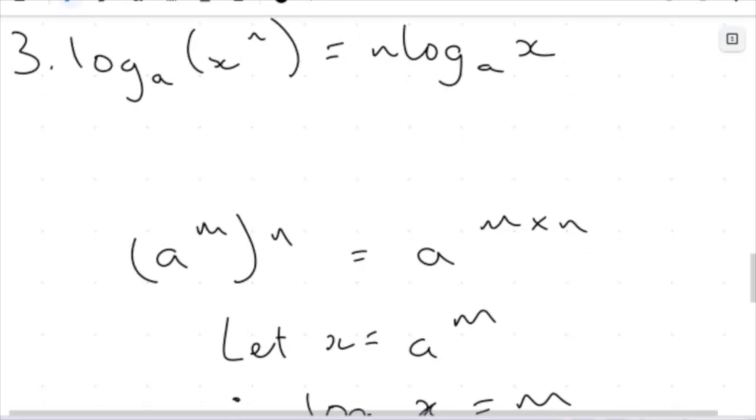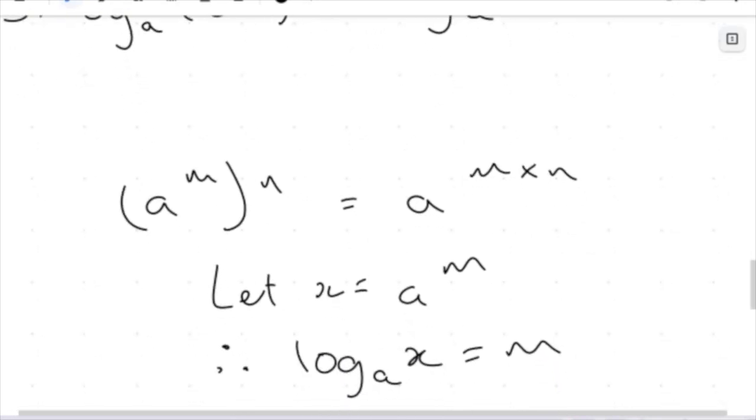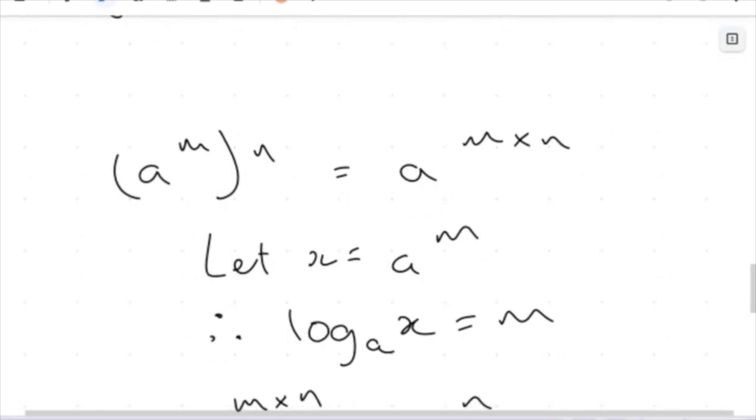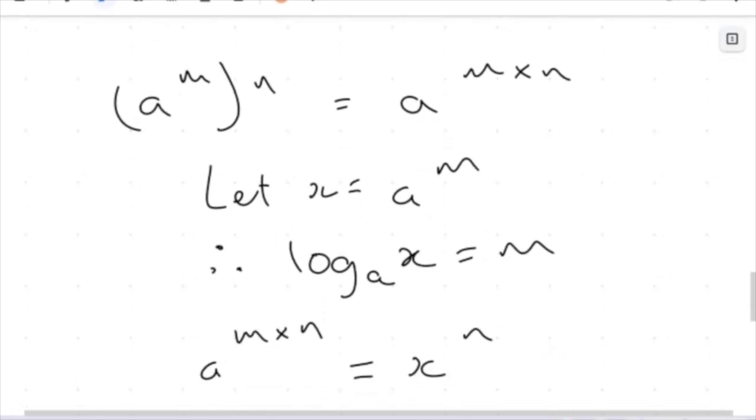So since I've set x to equal a to the power of m, once again I can rearrange this and write it in log form. I just rearrange my thing in its exponential form and I write it in log form. And I'm just revisiting this formula up here, but instead of having a to the power of m, I've just replaced this with the x here, substituting in that one over there.